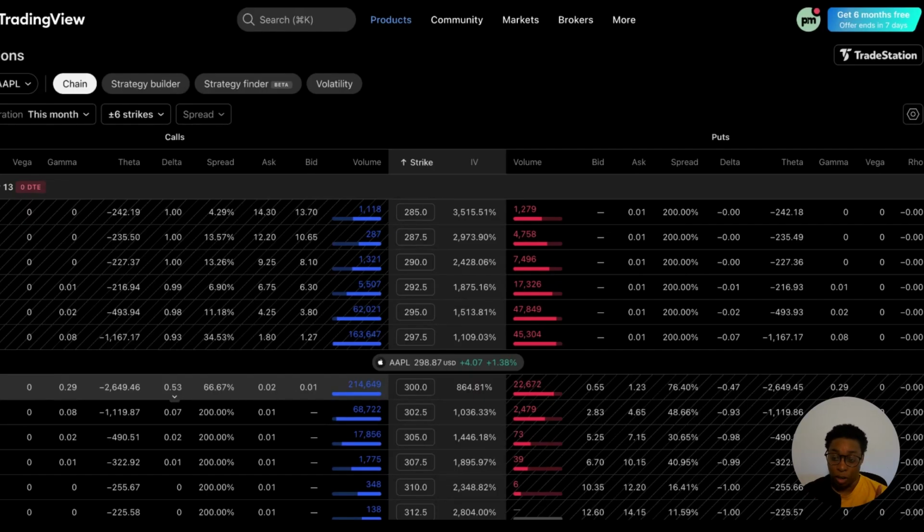If you are a LEAP trader, I'm primarily a swing trader and a LEAP trader. Rho is one that you would really look at if you're going to be holding your trades for 6 months or on into a new year. Rho has to do with interest rates, and it lets you know how much in value your option will change based on the change in interest rate.